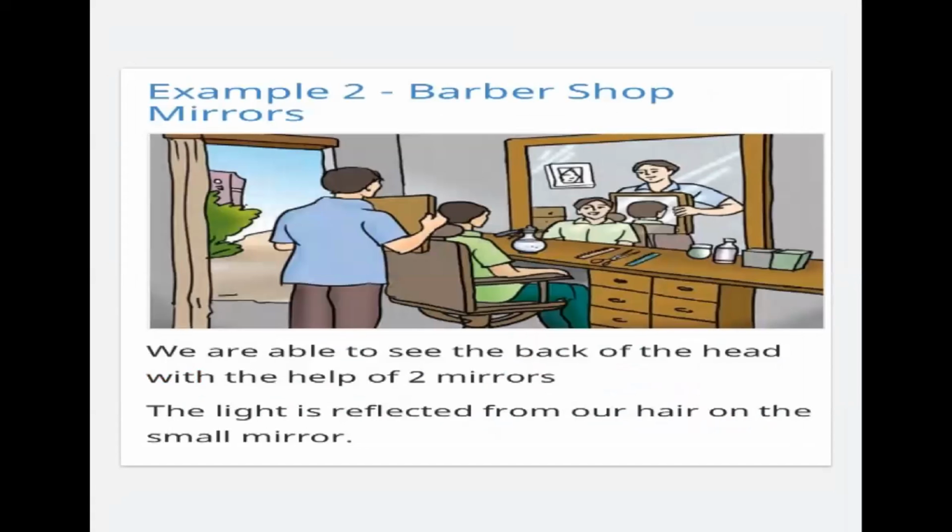Last but not the least, we saw the example of a barber shop, which makes use of 2 parallel mirrors. Definitely, it is used to see how a haircut is being done. The barber makes use of this application daily.